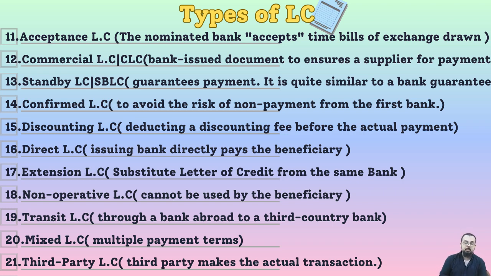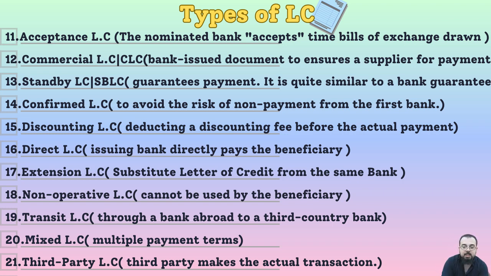Extension letters of credit means substitute letters of credit from the same bank which issued the existing LC, substantially identical to the existing LC except that it has a stated termination date at least 1 year later than that of the existing letters of credit.